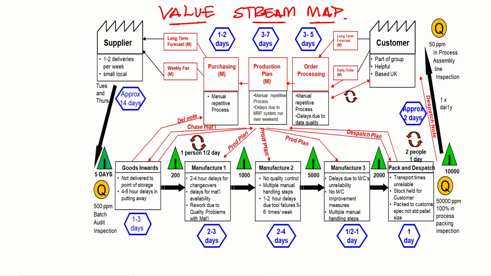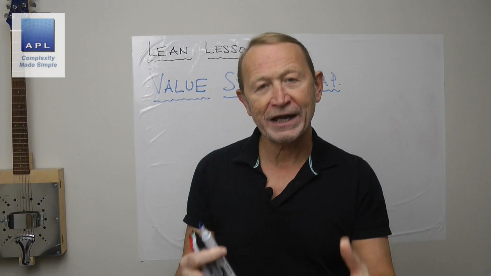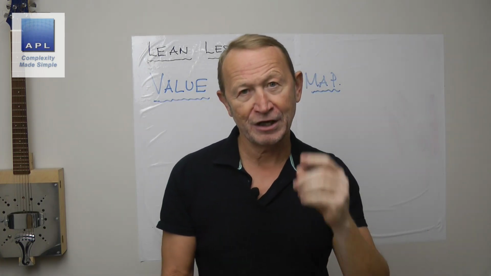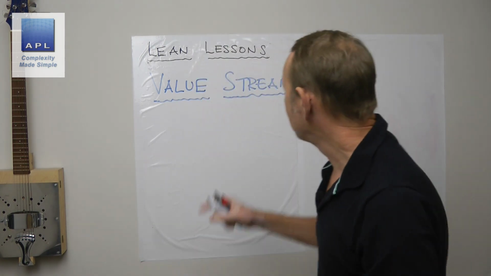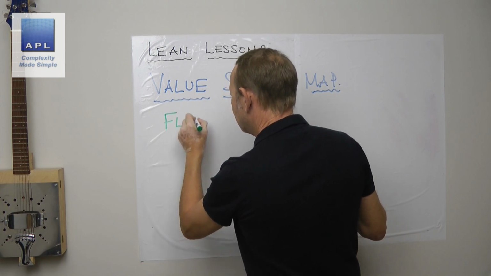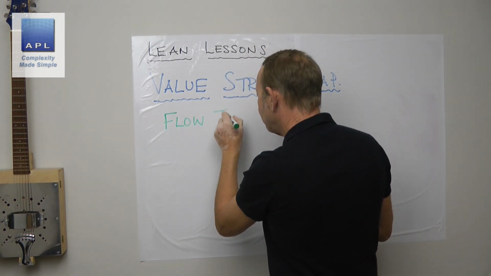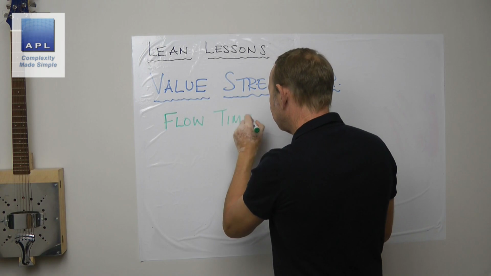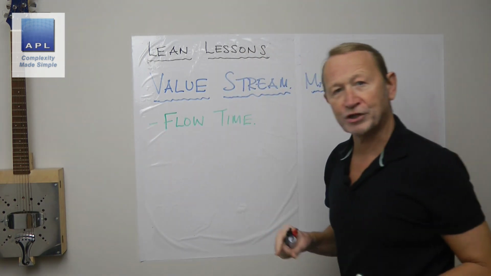But this is the standard work. This is the standard way of measuring the waste in your company. And what are you measuring? The value stream map is measuring flow time. Very crucial that that's what it does.